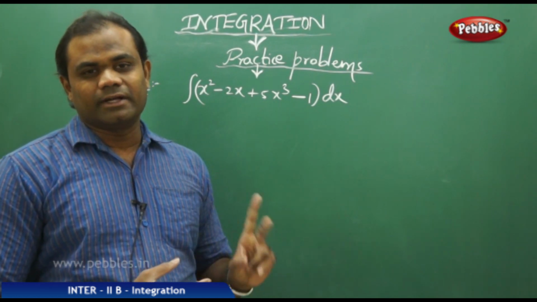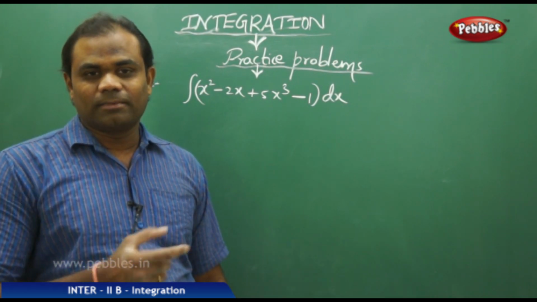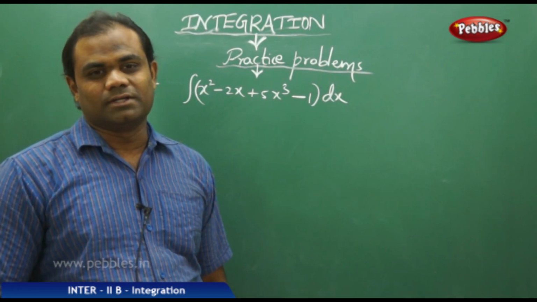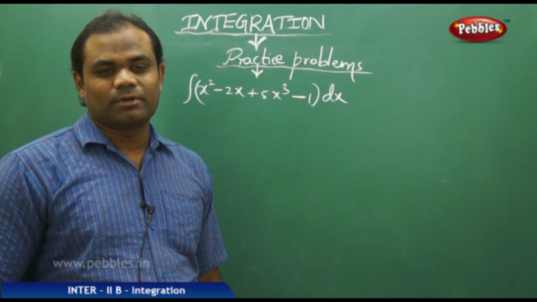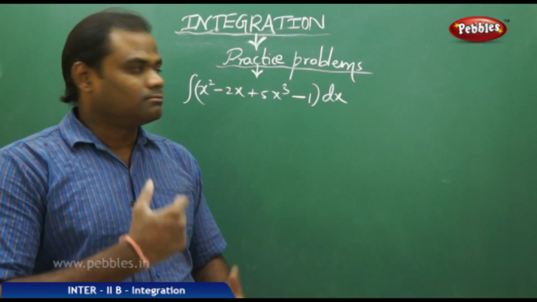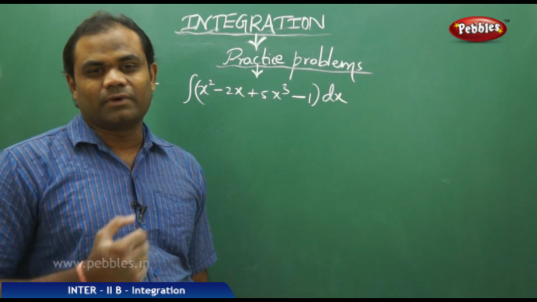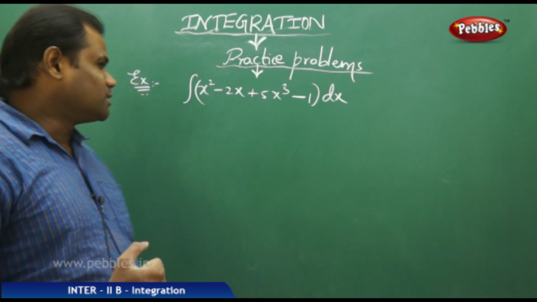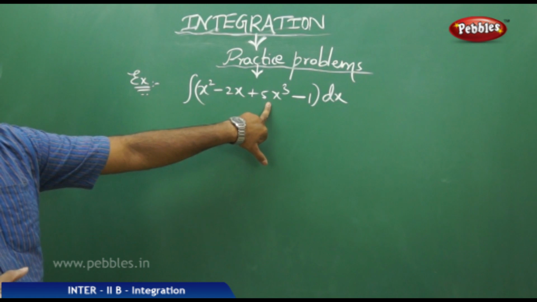One is the standard formulae which we have seen just now, and the other is the properties of integrals which we have considered in the previous session. The standard formulae and the properties of integrals help us get the answer for this problem in a stepwise process. So let's see how we can get the answer for this question using the formulae and the properties.